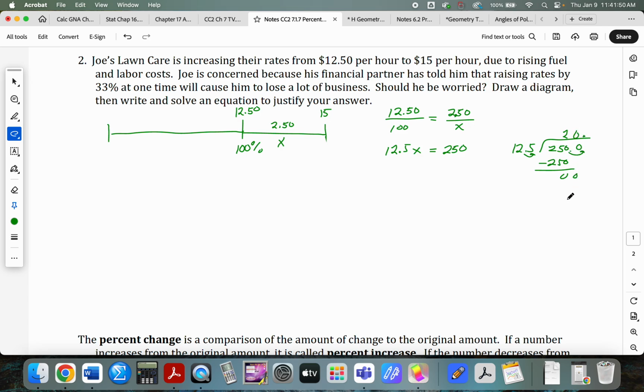That's going to go in 0 times. So x is equal to 20. So should he be worried? No. How much did he raise his rates? He raised his rates 20%.